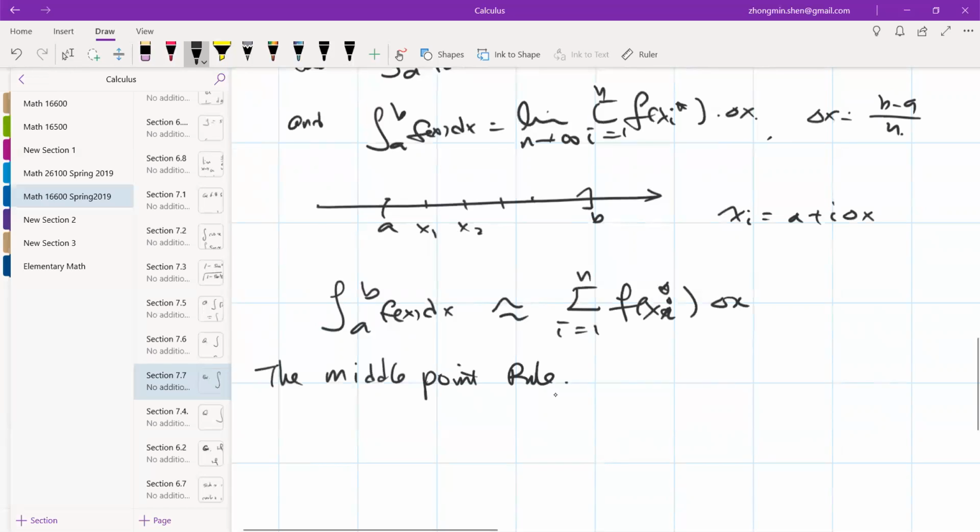So it says that you can choose xi star to be the middle point, which is xi minus 1 plus xi, over 2.